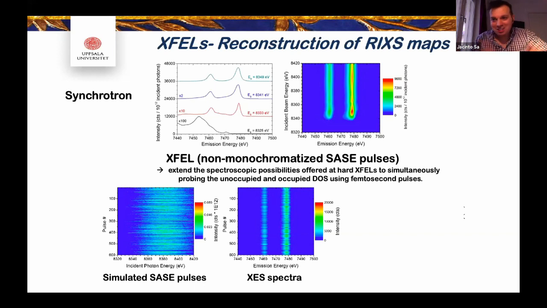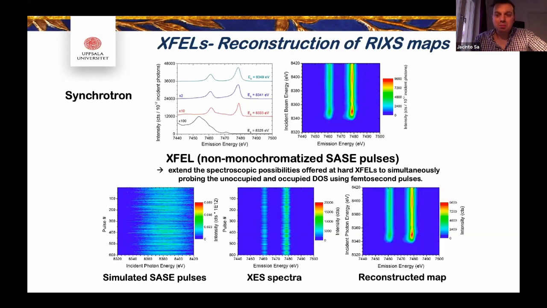They will jitter like crazy, like any laser. But the idea was, if you collect the emission of all of this and you let the stochastic process take place, you should be able to reconstruct a RIXS map by simple matrix. And that's what we proposed to do at the free electron laser.